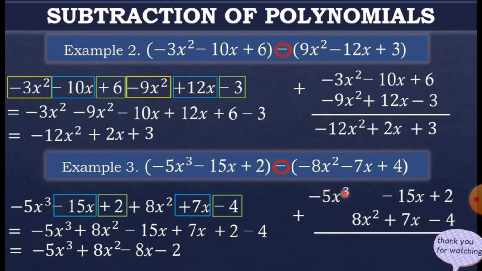Positive 4 becomes negative 4. So, they are now aligned based on their common terms. Then, copy, because they have no pair. Then, 15x and 7x, they have different signs, so subtract. And then, positive 2 and negative 4, subtract, then that's negative 2. So, see, they have the same result.